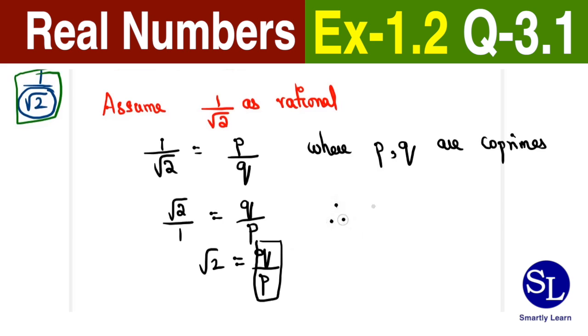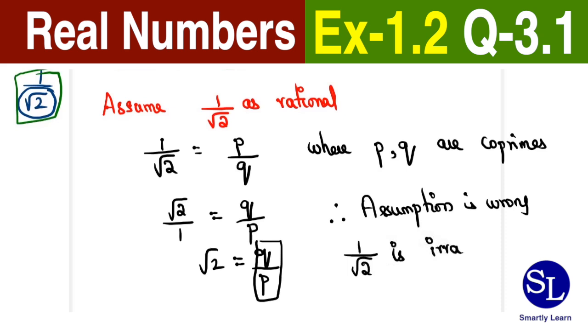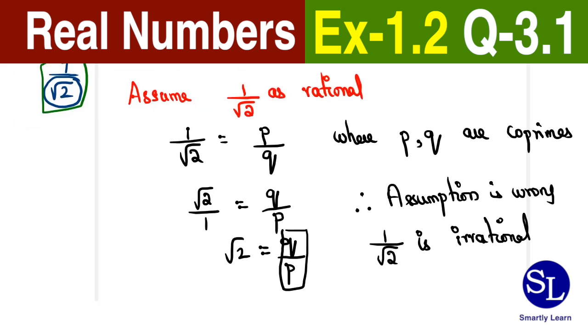Therefore, our assumption that 1 by root 2 is rational is wrong. So this means 1 by root 2 is irrational. So this is a two-step proof. The first step is to show that root 2 is irrational, and then the second step is to show that 1 by root 2 is irrational.